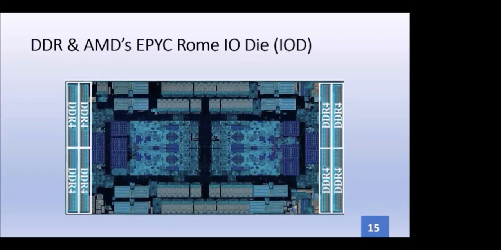The annotation on the photo shows how much die area is consumed by the DDR I/O on the left and right sides of the chip. Each of these 8 channels uses about 7.8 square millimeters out of the chip's total area of 416 square millimeters.